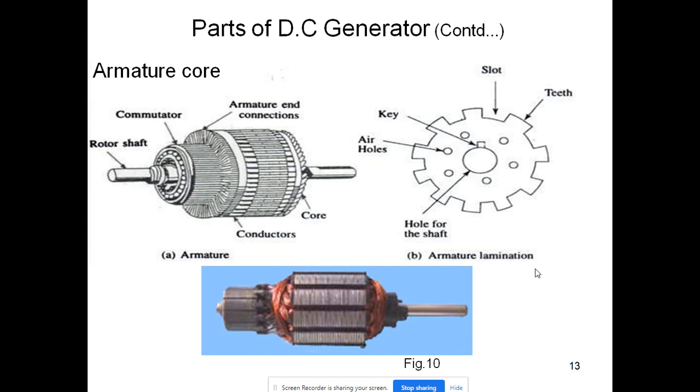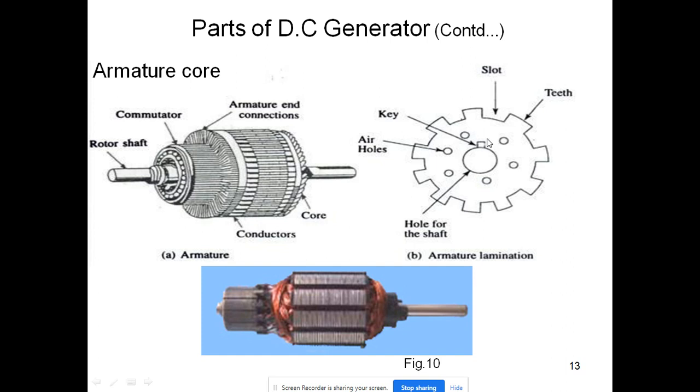Here we can see the diagram of the armature. The armature looks like this. This is the commutator, this is the rotor shaft, this is the armature end connections, and this is the lamination. Each lamination is 0.5 mm. This is the slot, and these are called teeth, and this is the keyhole.